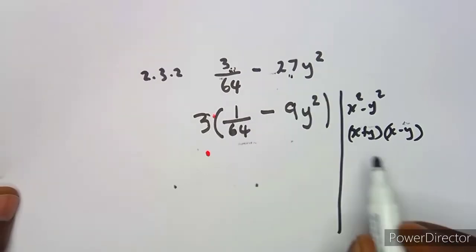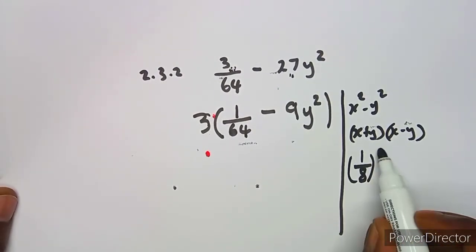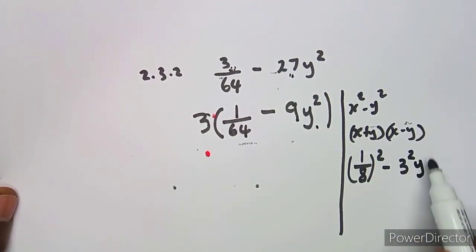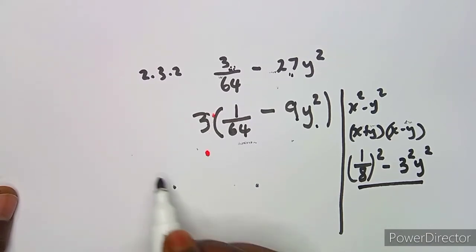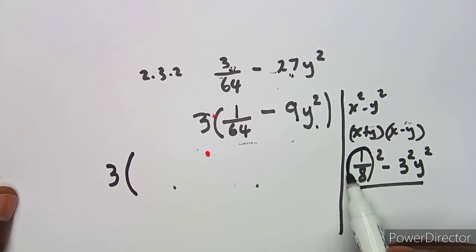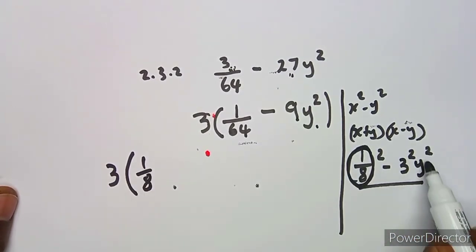So 1 over 64 can be written as 1 over 8 to the exponent of 2, minus 9 can be written as 3 to the exponent of 2. Already this y is raised to the exponent of 2. So as you can see, it's a difference of two squares because each term can be raised to the exponent of 2. And whatever raised to the exponent of 2 is this 1 over 8 and this 3y.